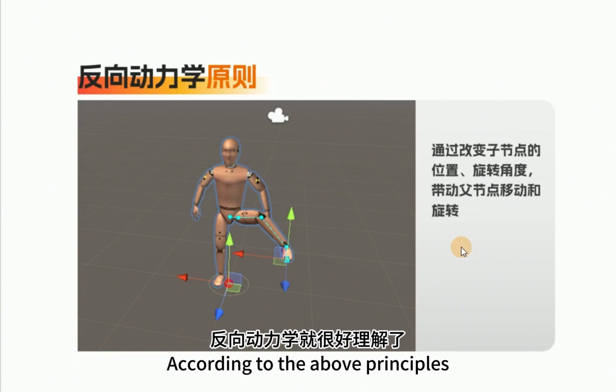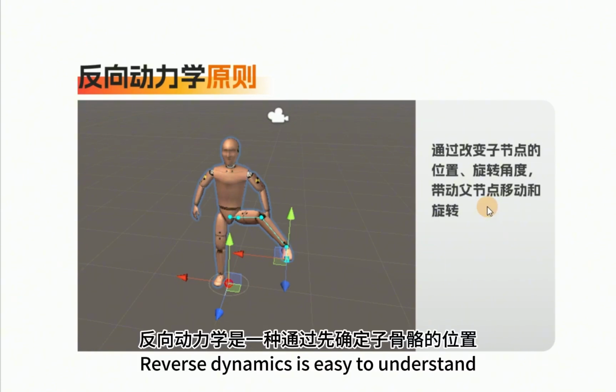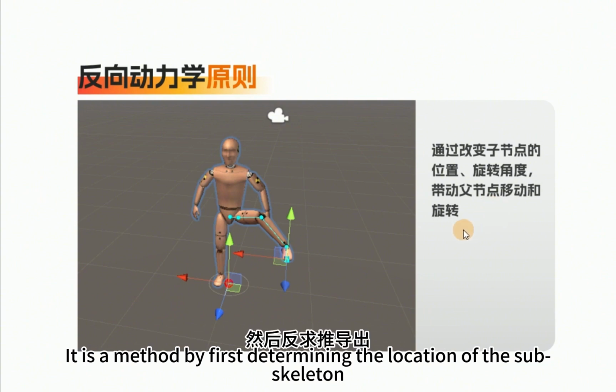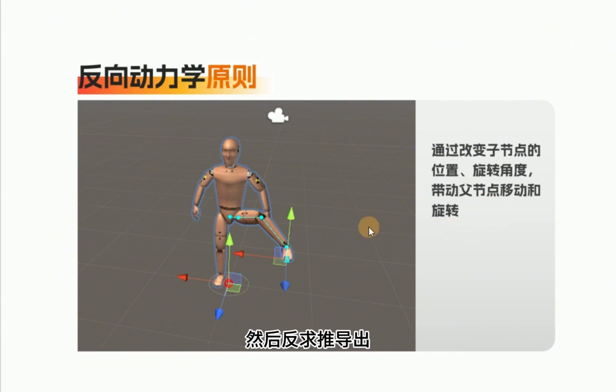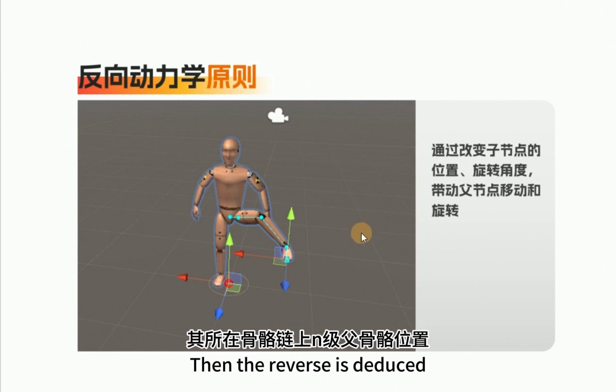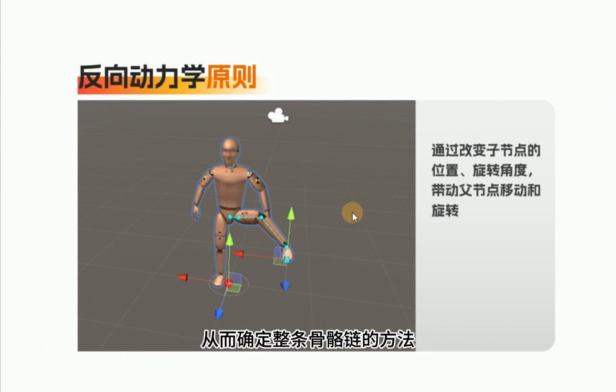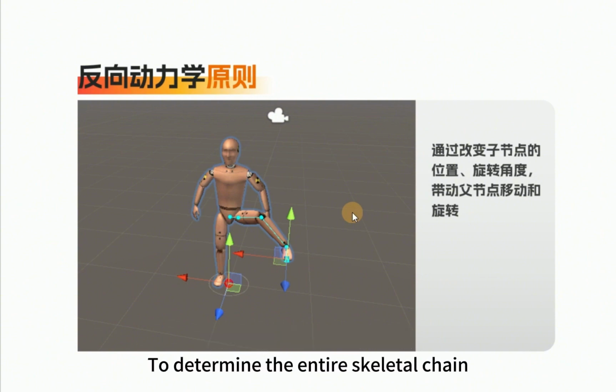According to the above principles, inverse dynamics is easy to understand. Inverse dynamics is a method of first determining the location of the child bone, then deducing in reverse the position of the parent bones in the skeletal chain, to determine the entire skeletal chain.